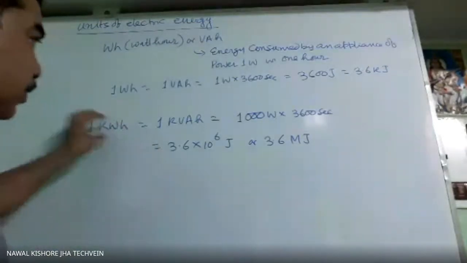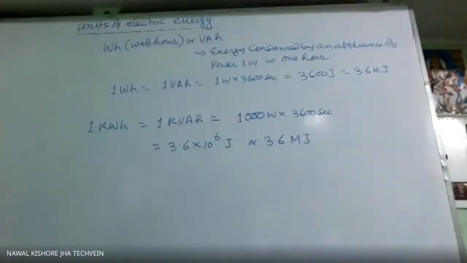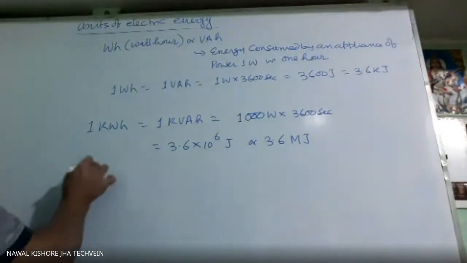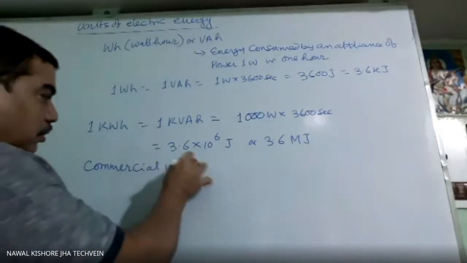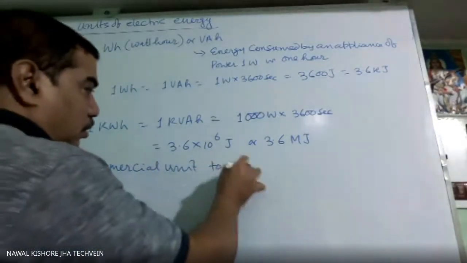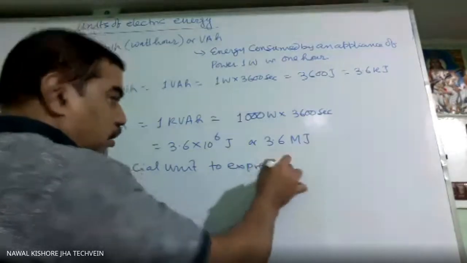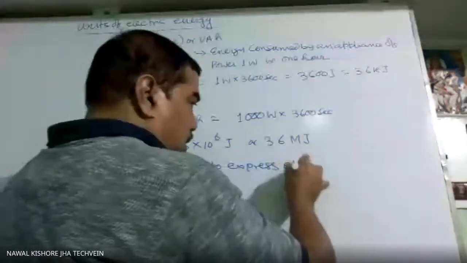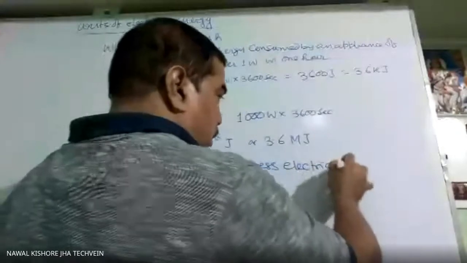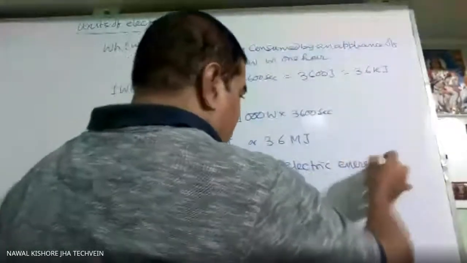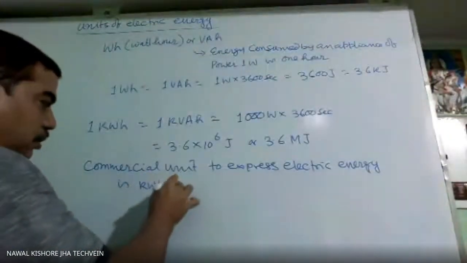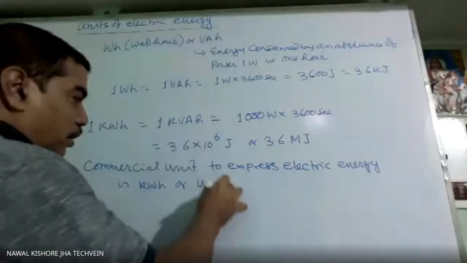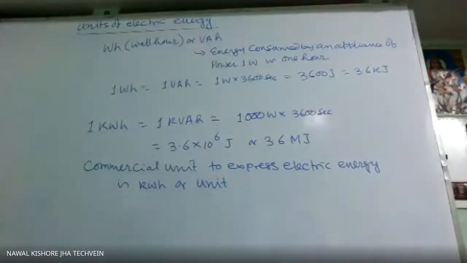The commercial unit to express electric energy is kilowatt hour, or it is simply said unit. They express electric energy consumed in units.